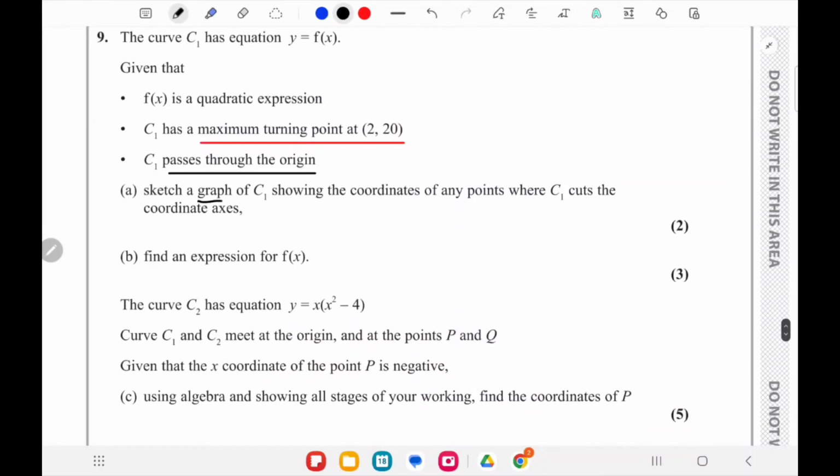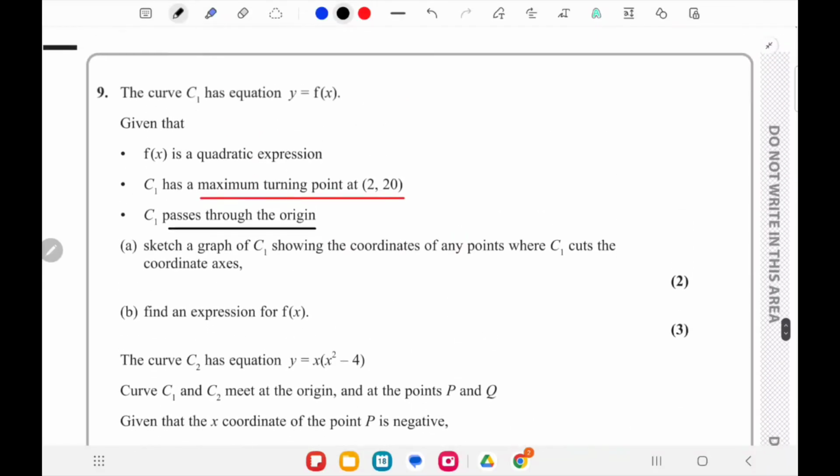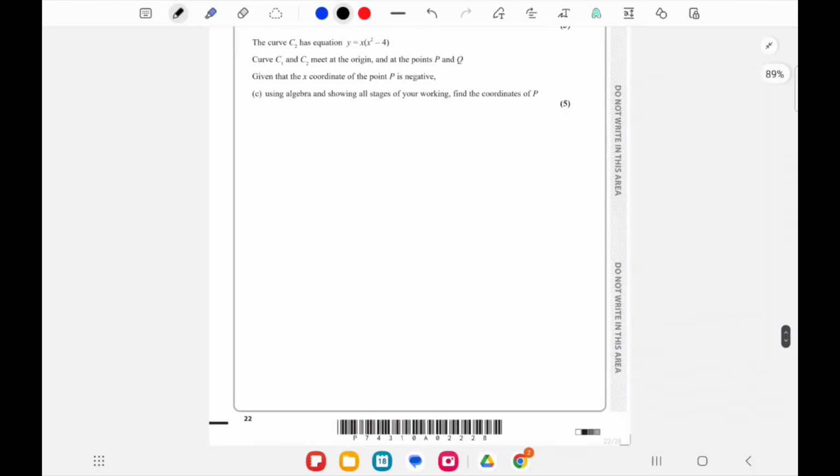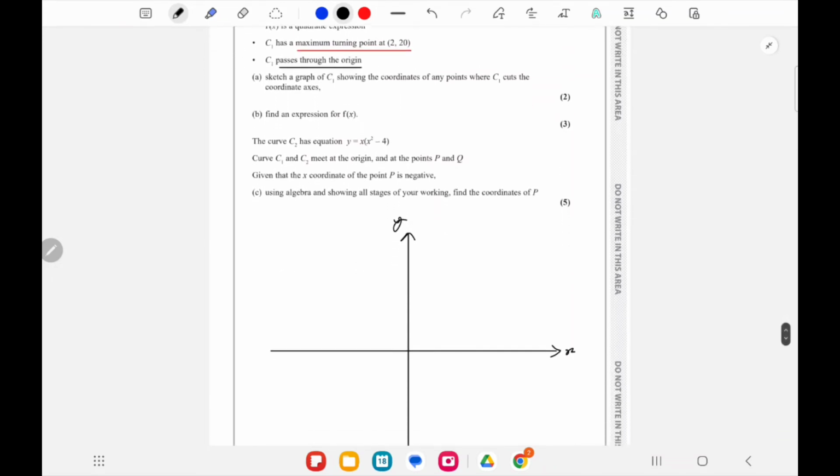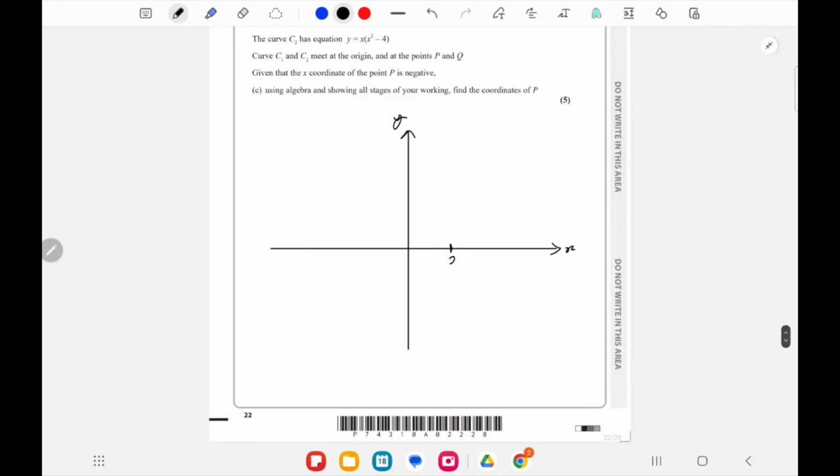Now we have to sketch the curve C1 at first. So let's draw the axes. We are given the maximum turning point, which is (2, 20), somewhere over here, and we're told that it passes through the origin.